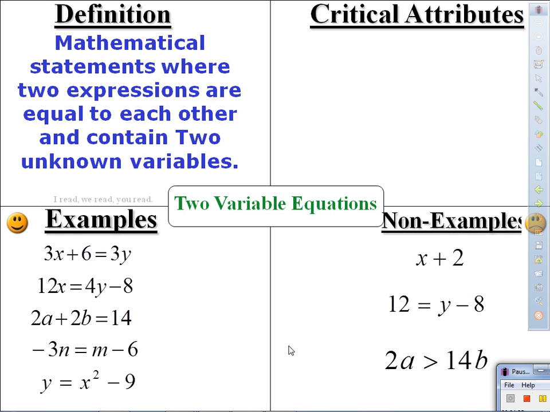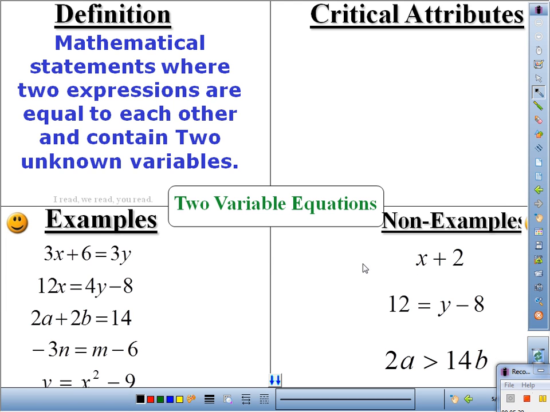All right. The first one, Jacob. Why is this first one not a two-variable equation? Because it's not two expressions.